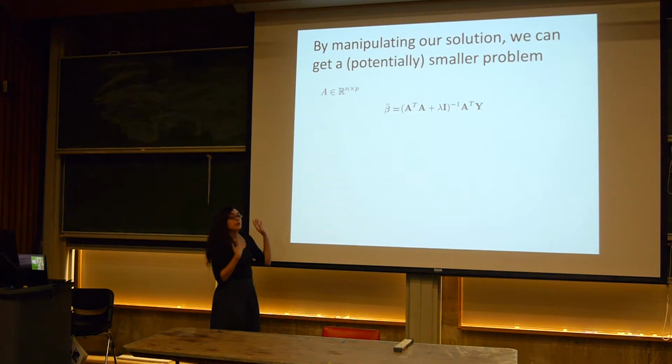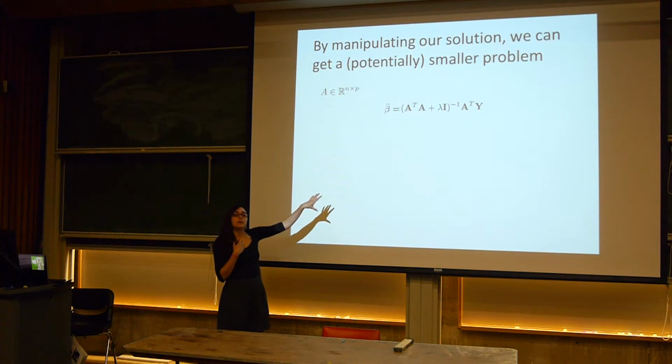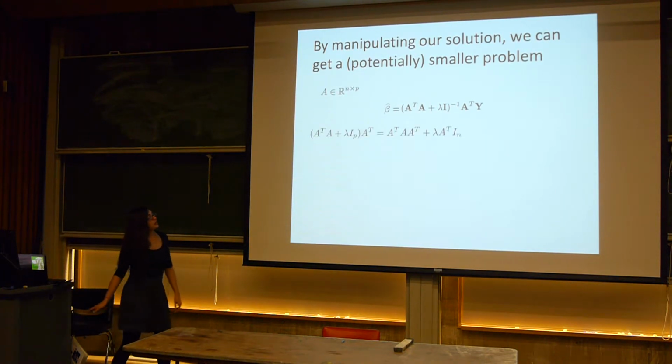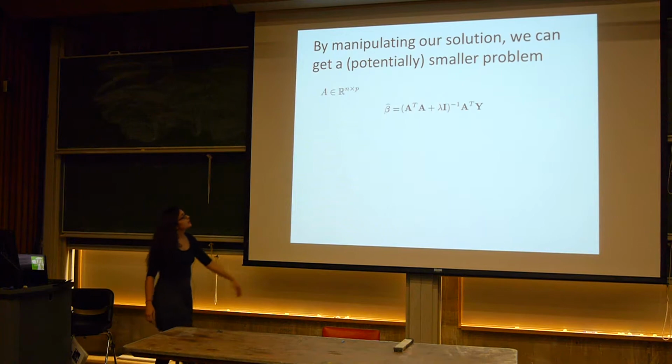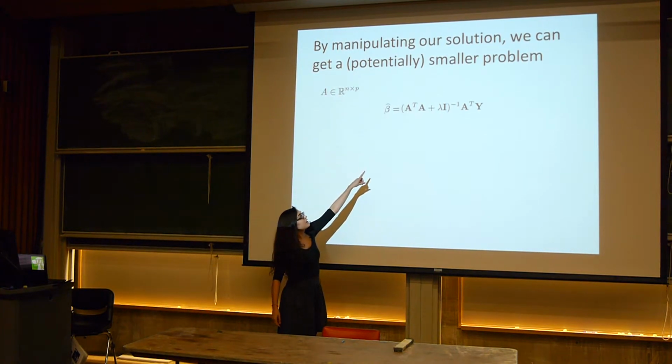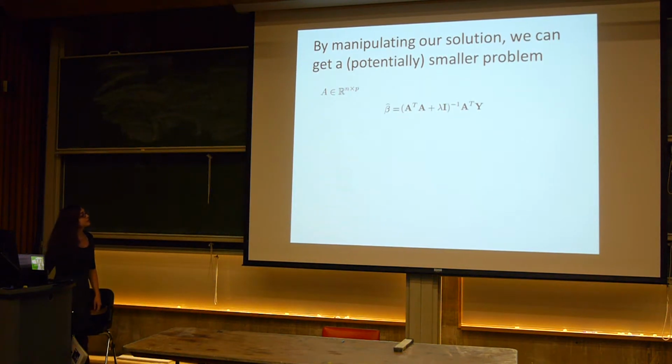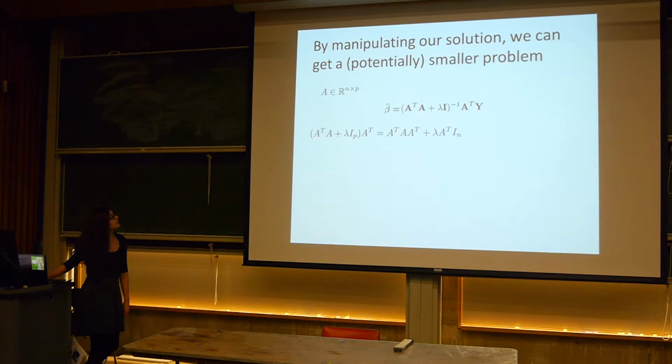If A is an n by p matrix, then in this term we have something p by p plus a p by p identity. I got asked a lot of questions about this derivation, so I'm going to go through it a little bit.